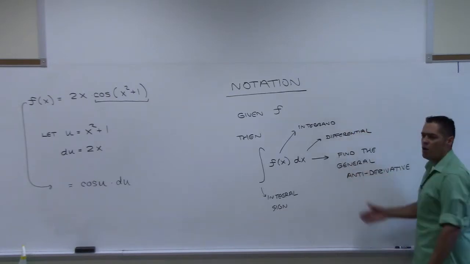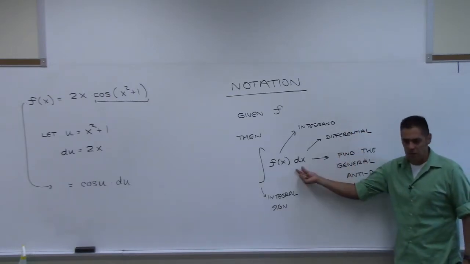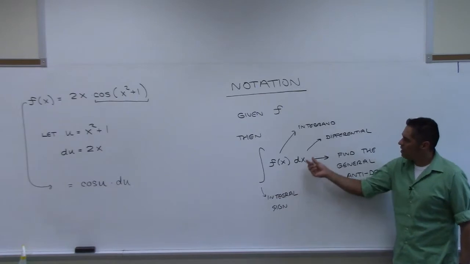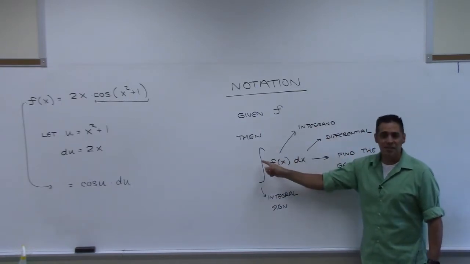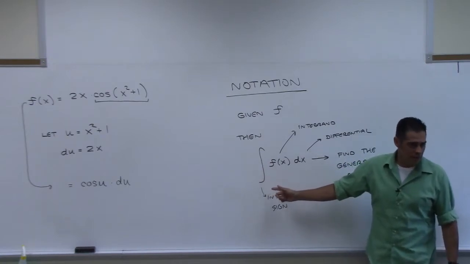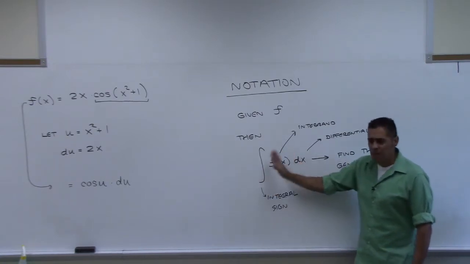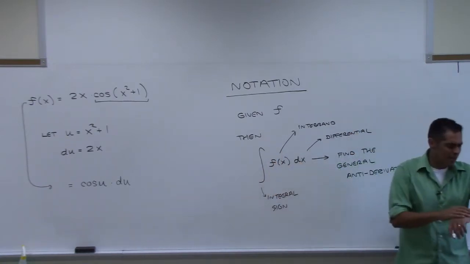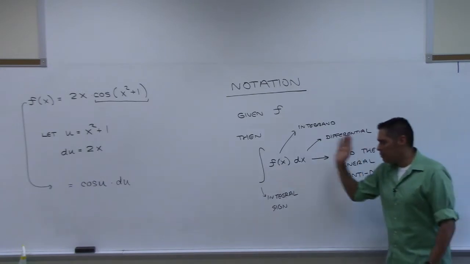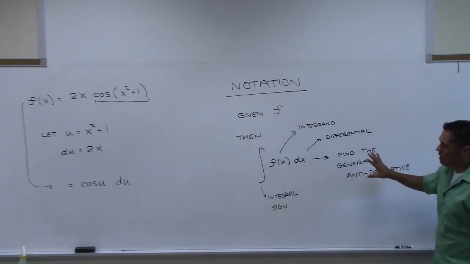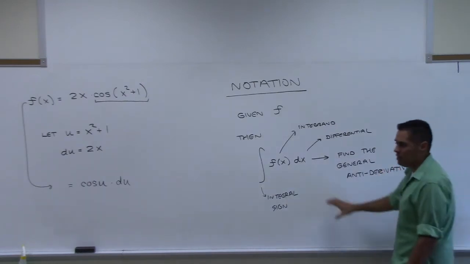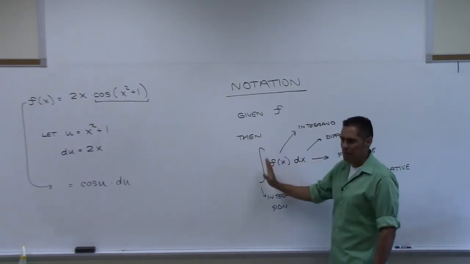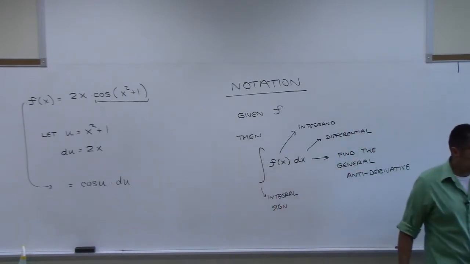Don't worry yourself too much about the differential. Just focus your attention on the function that we're trying to find the antiderivative of, and that symbol is telling you, go find the antiderivative. Now the symbol comes from something else, and if any of you take me for Cal 2, I'll explain where the symbol comes from. We'll go into it in more depth. Hopefully if you take Cal 2 with someone else, they'll do that also. But for right now, I'm just going to leave that symbol alone.